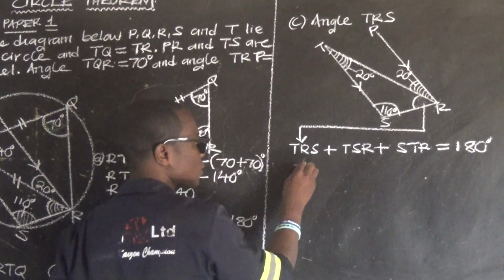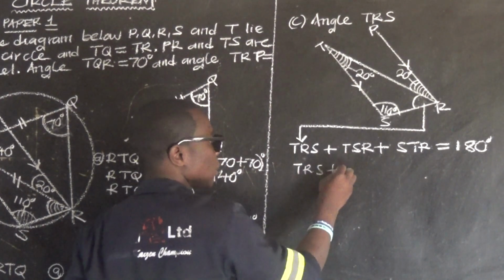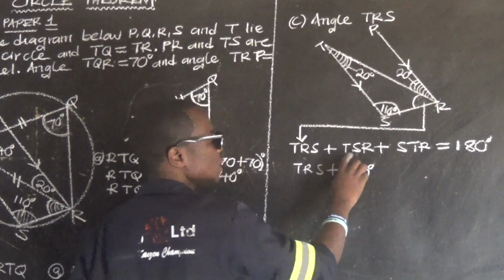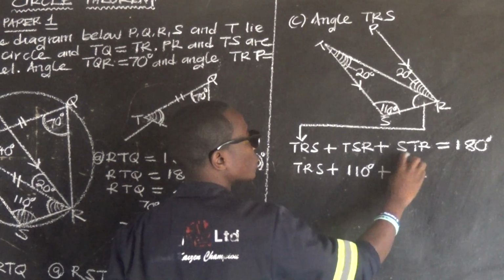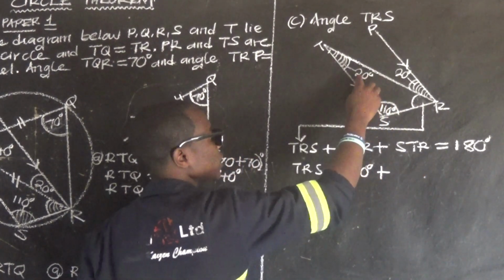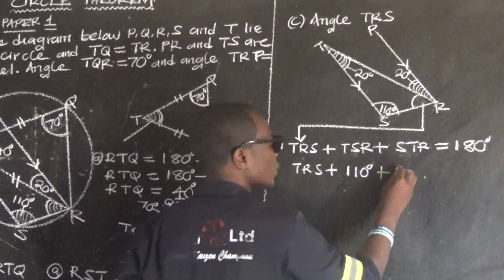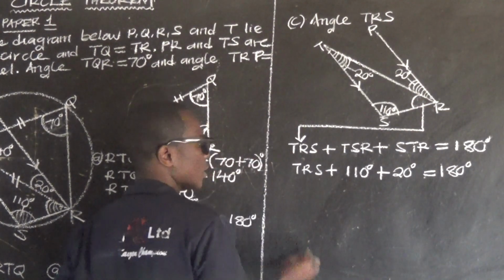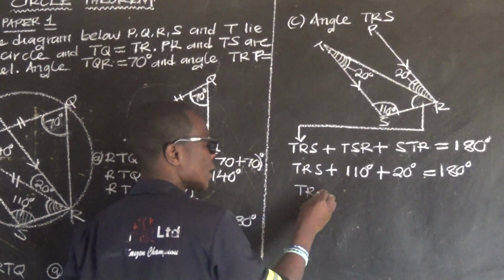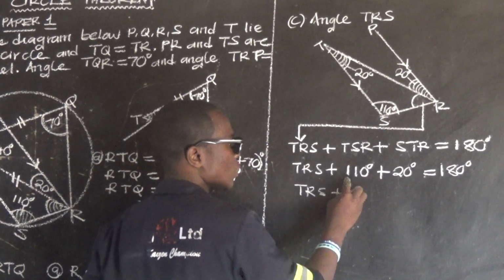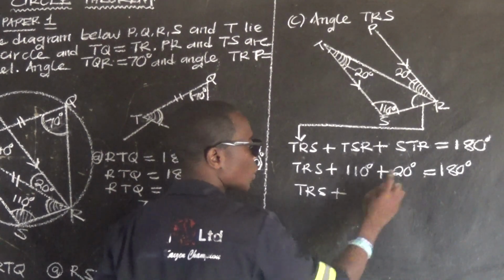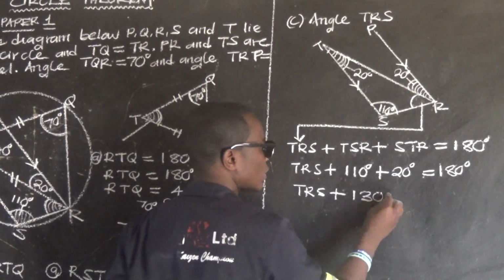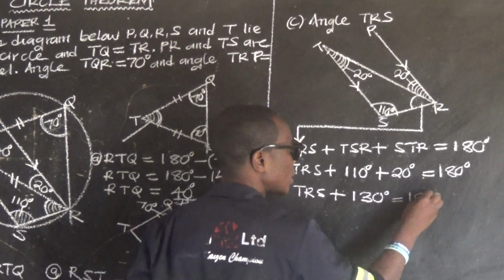Now we want angle TRS plus angle S, which is 110, plus angle STR, which is 20, equal to 180 degrees. So TRS plus 110 plus 20, you get 130 degrees is equal to 180 degrees.